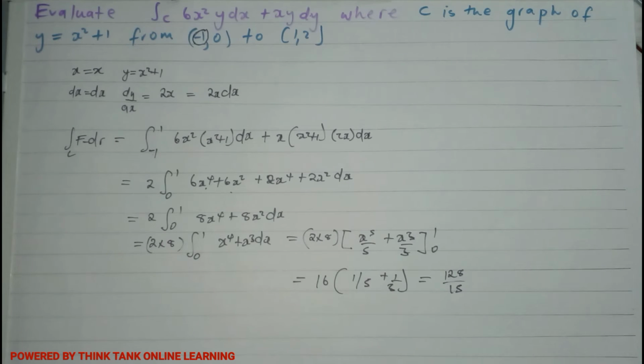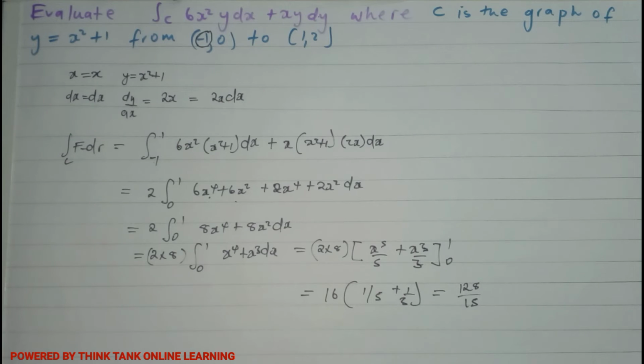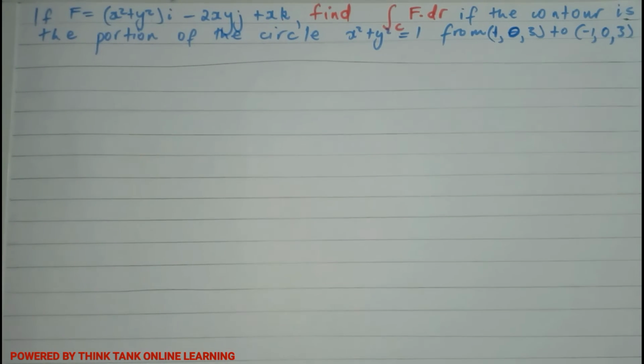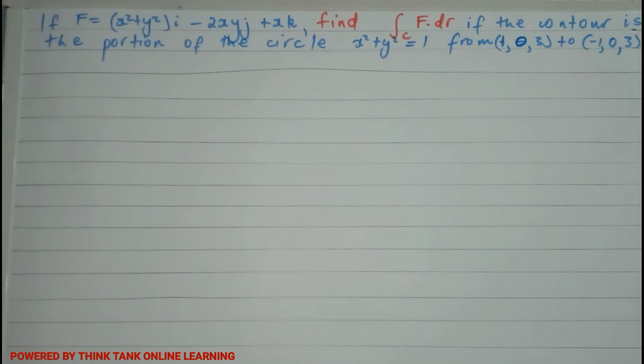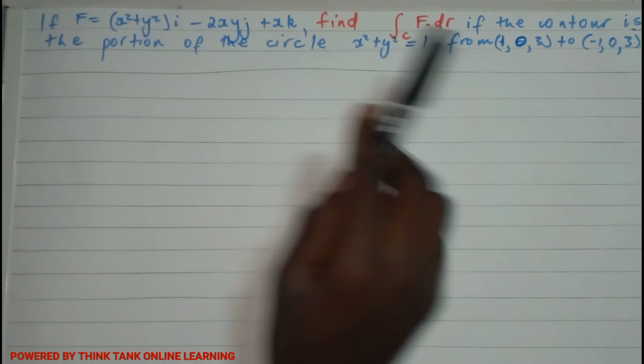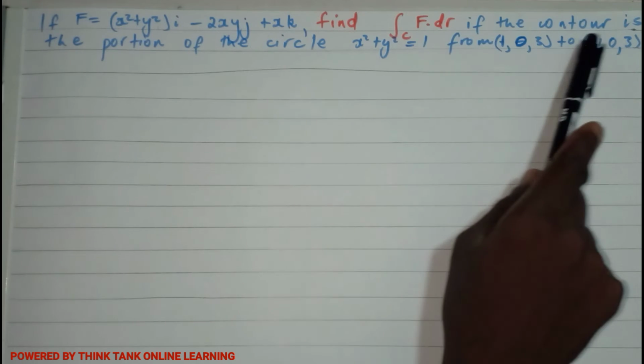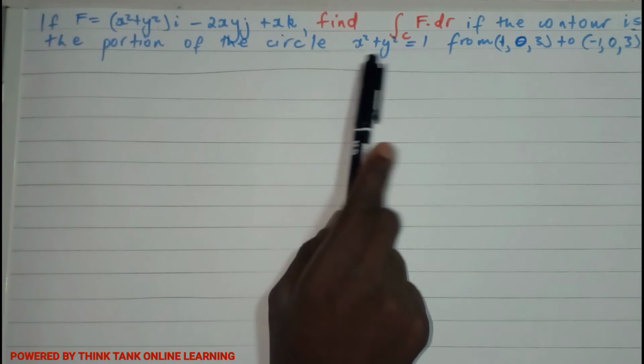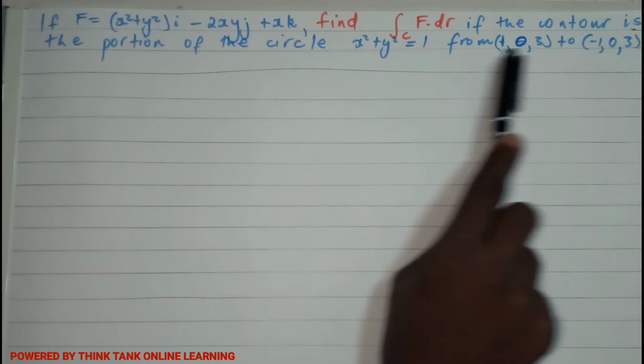Now we're going to another, different question. We're given, let's say, a path along a circle. So what do we do? This is our question. Given a vector field, we want to find the work done, if the contour is the portion of a circle, x squared plus y squared equals 1, from this point to this point.